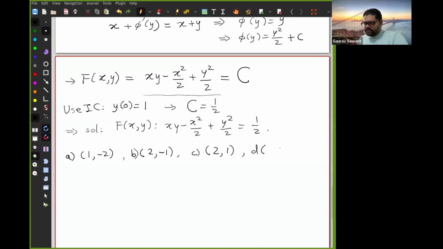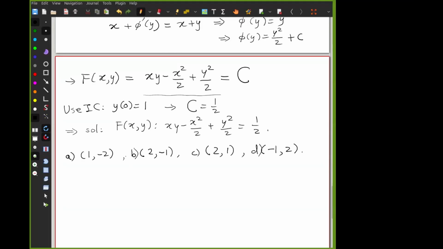And D was minus 1, 2. The question was which of these points lies on the curve, or which is part of the solution. So you have to substitute x equal to the first number, y equal to the second number, and see what happens. Sir, option C is, I think, the answer.